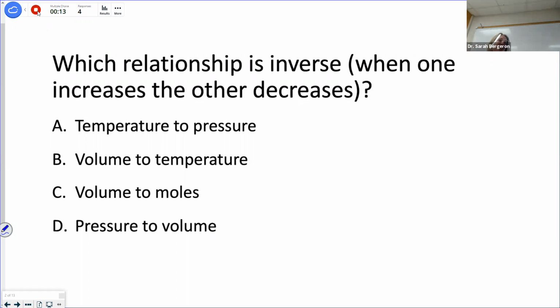Either one. Okay, 10 seconds. Make sure you click in, don't leave it blank.